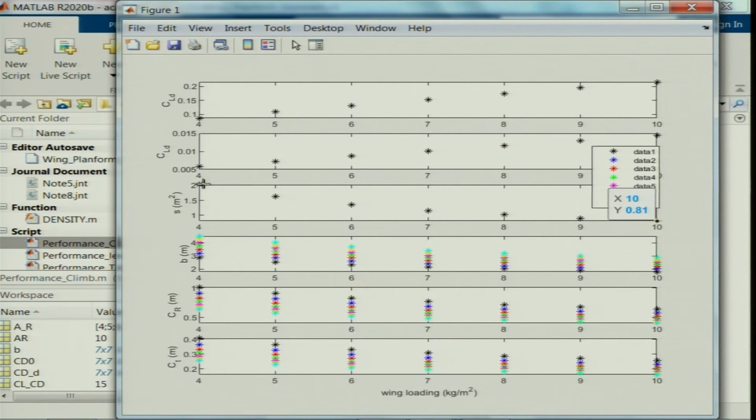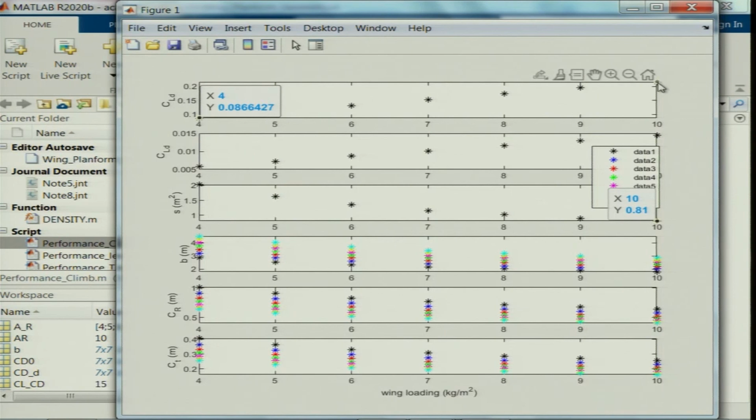So, when you are flying at a lesser wing loading for these mission requirements, you end up close to 2 meter square, sorry, and the C_L design is far less when you are flying at a lesser wing loading, is not it? It is about 0.08, it is not even 1, right, 0.1.